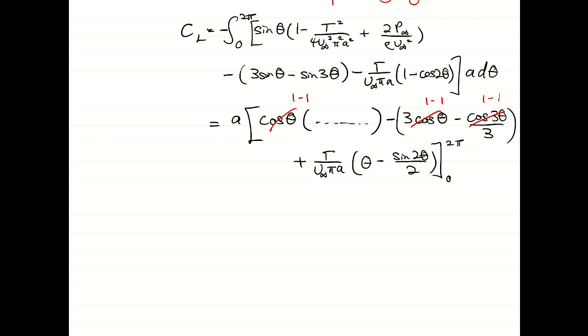Sine 2 theta from 0 to 2 pi is just going to be 0, because sine of 0 is 0, sine of 2 pi is also 0. So I only actually end up with this term here. So CL is going to be equal to 2 gamma over u infinity.